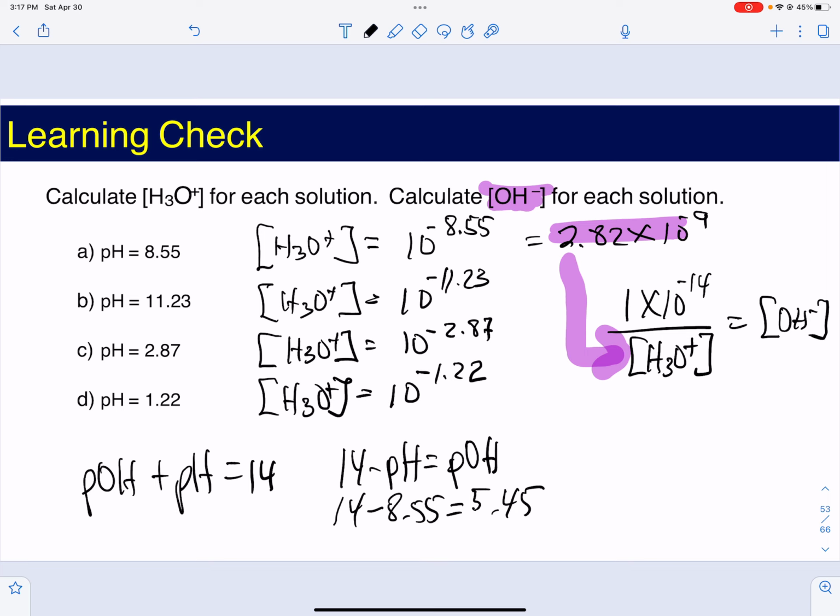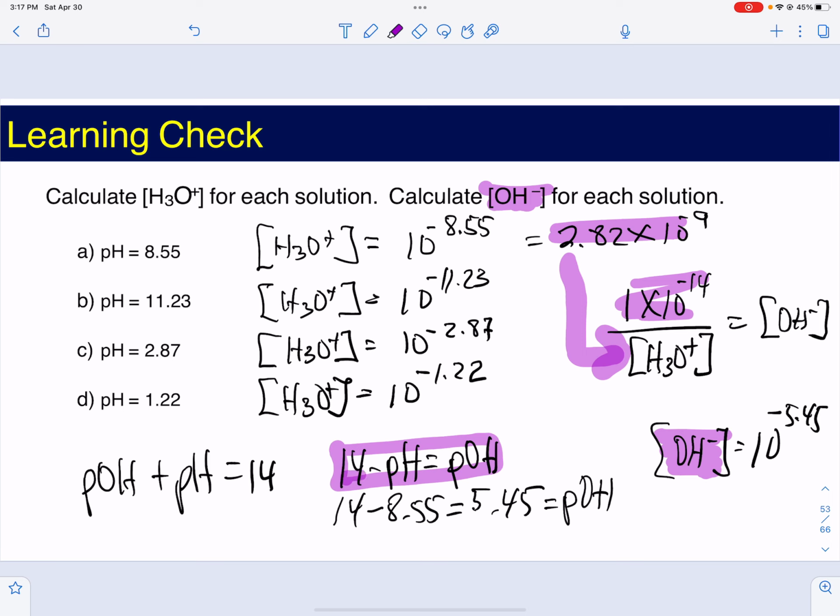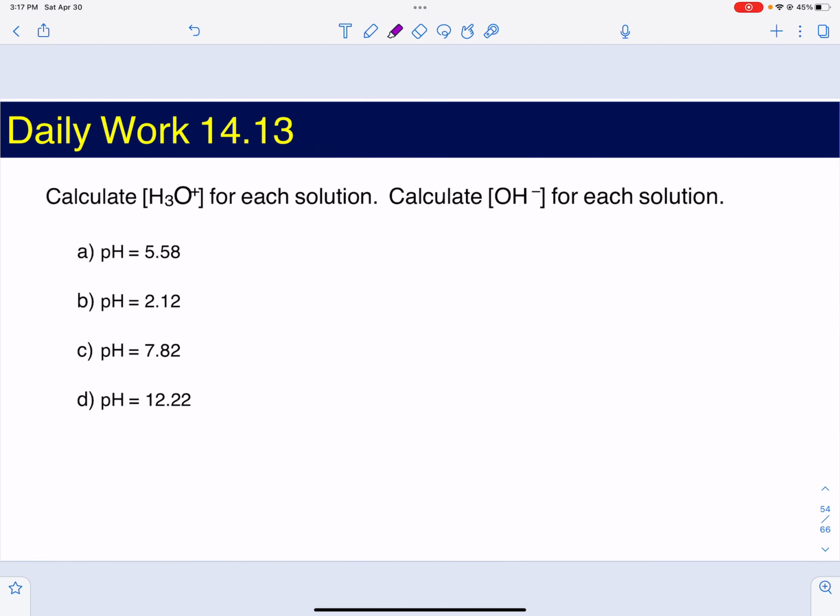So my pOH is 5.45, so my hydroxide is going to be 10 to the minus 5.45. So that's how I will find my hydroxide concentration. You can either use the Kw formula, or you can use this new formula that I just showed you. pH plus pOH equals 14. So now you should be ready to work on that.